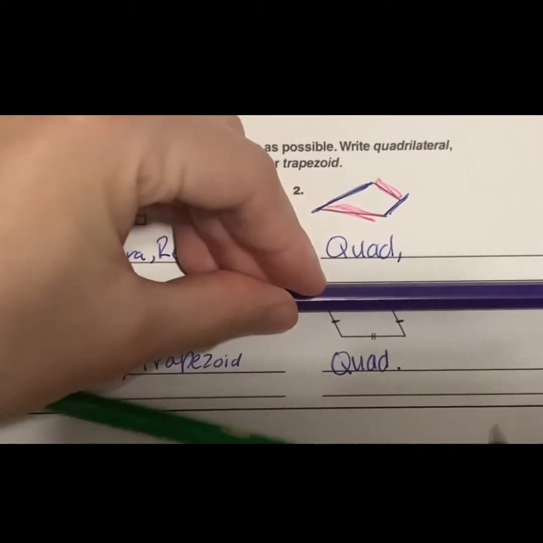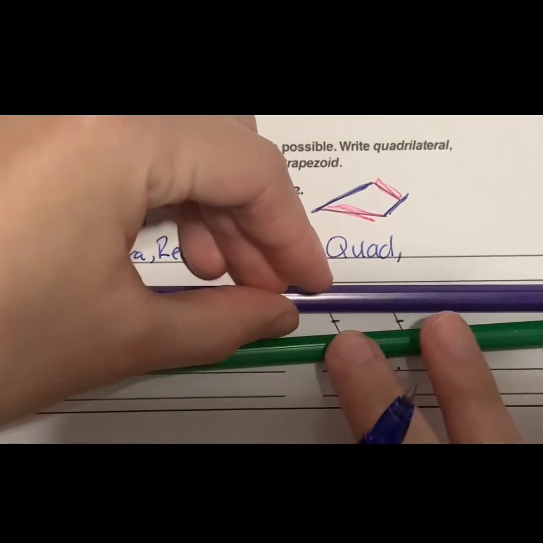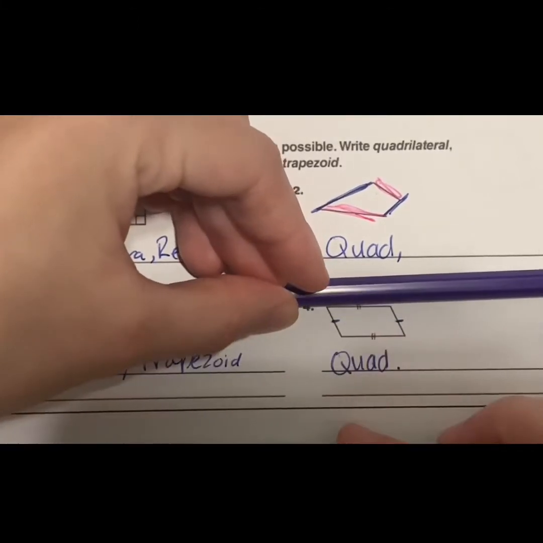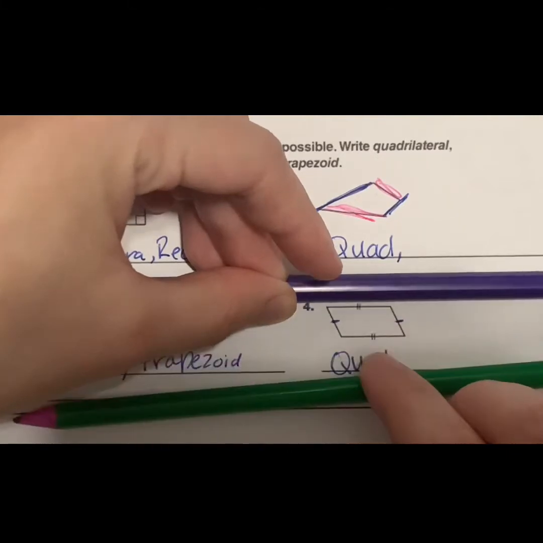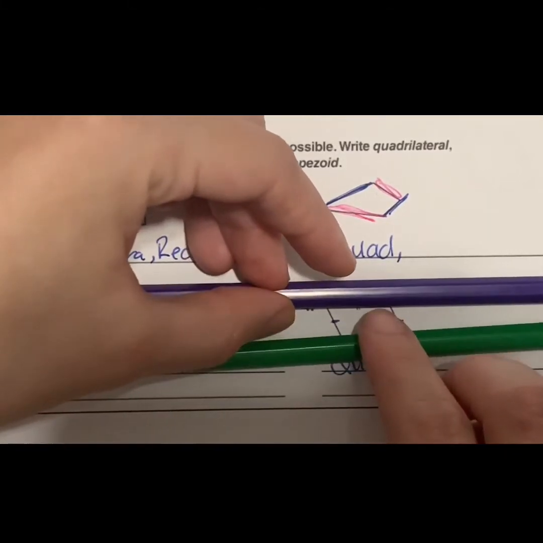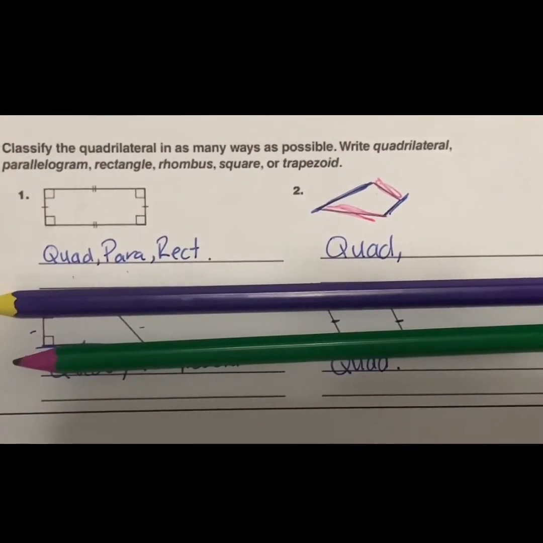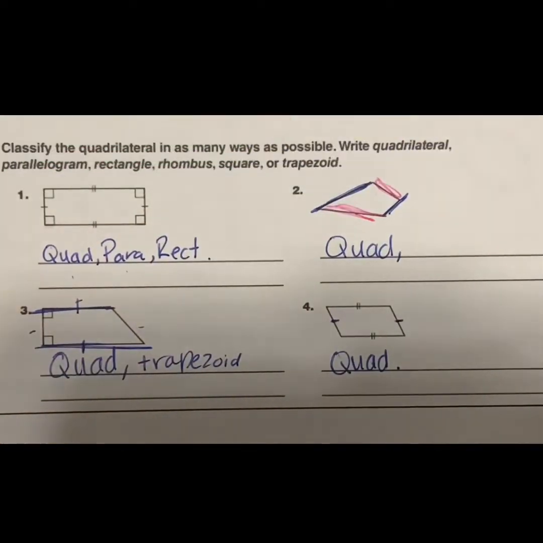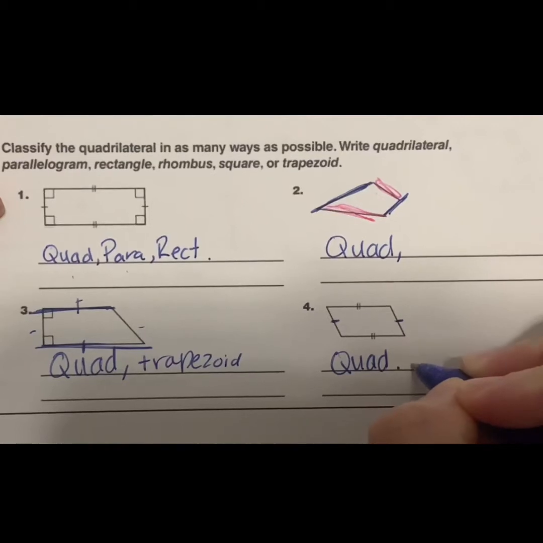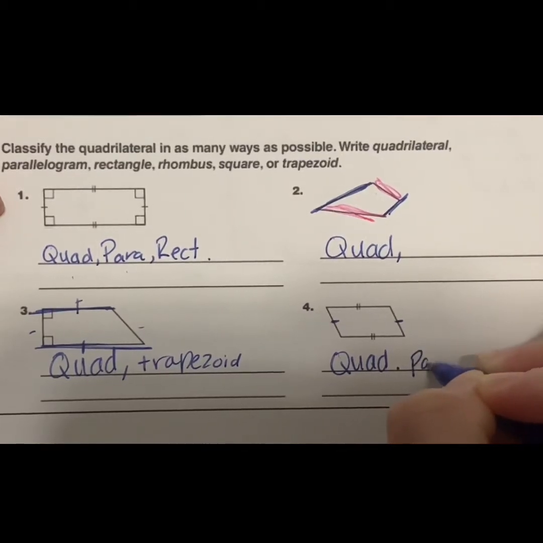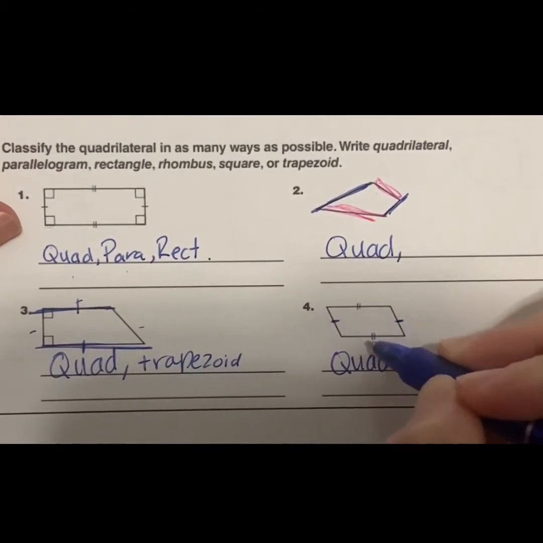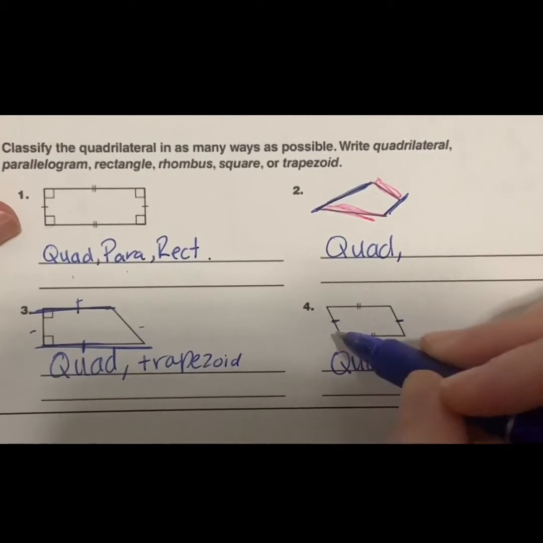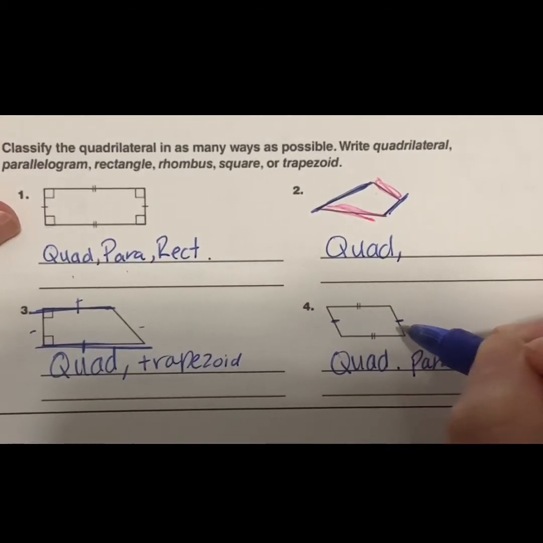And then this one and this one, it's going this way, this is going this way. These are also parallel. So we do have 2 sets of parallel sides, so it is also a parallelogram. Also, the opposite sides are equal. Top and bottom are equal, side and side are equal, and they're parallel.